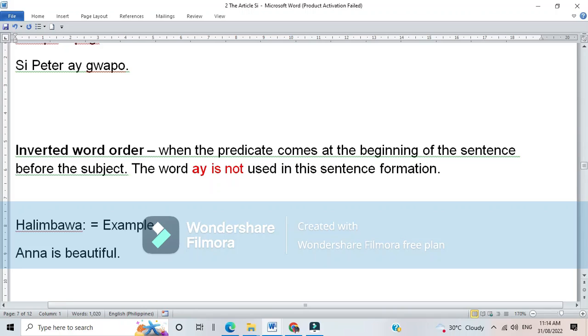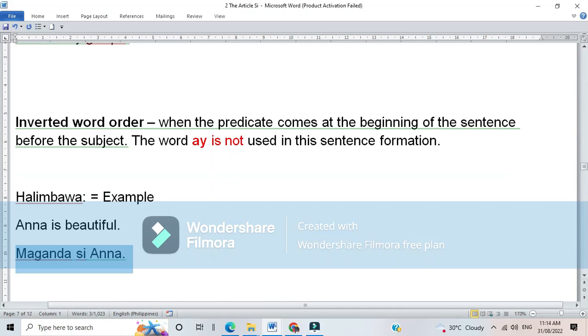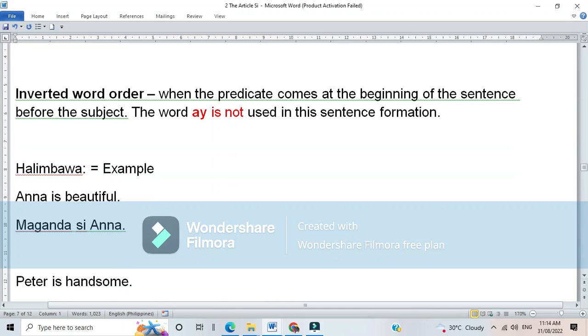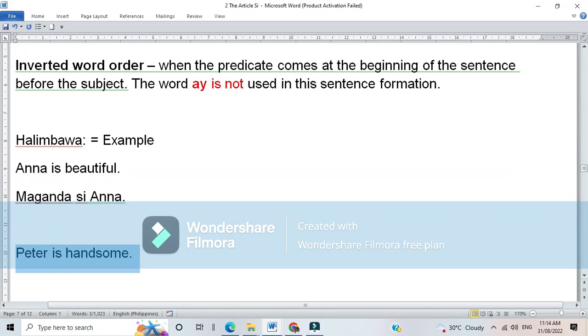Beautiful is maganda, and there is no need to use the word ay. So maganda si Ana. This is the inverted word order sentence. We start with the predicate and then the subject. Maganda si Ana.